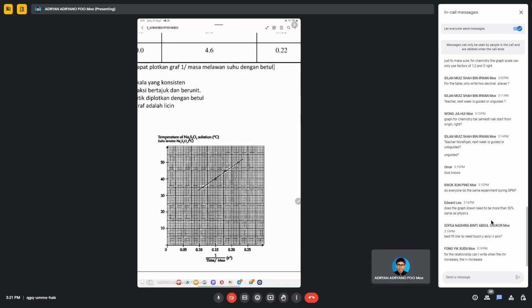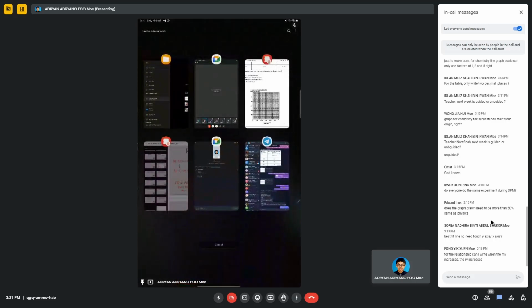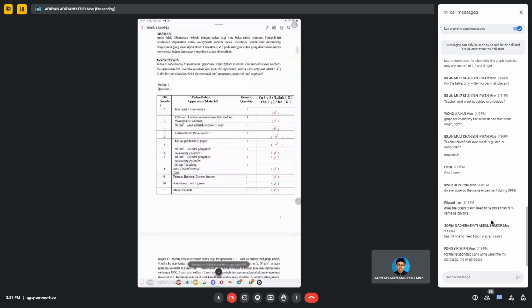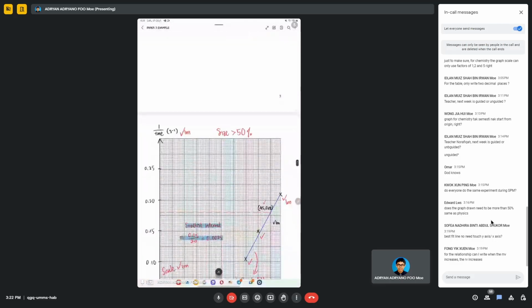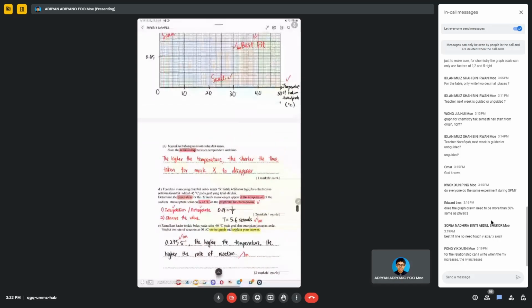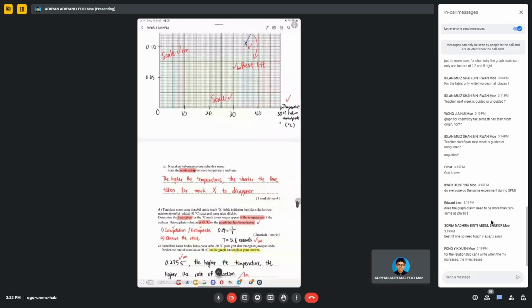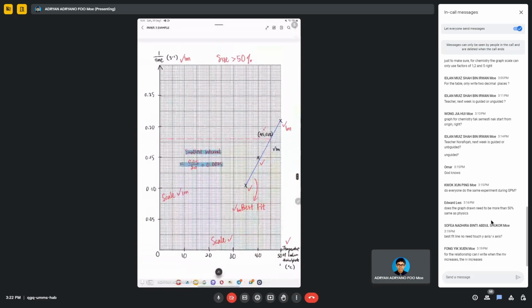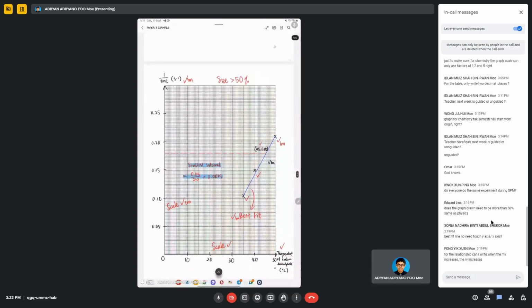So kalau temperature, change in temperature, correct. Heat of displacement or heat of neutralization, or change in temperature or temperature change. Kalau soalan thermochemistry lah. Ini rate of reaction. Okay, esok saya tak bagi tahu topik apa yang masuk.